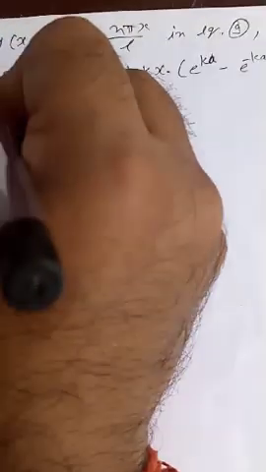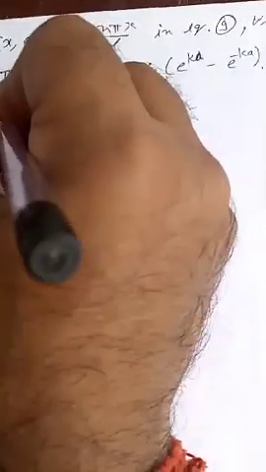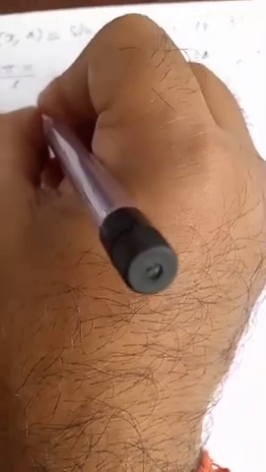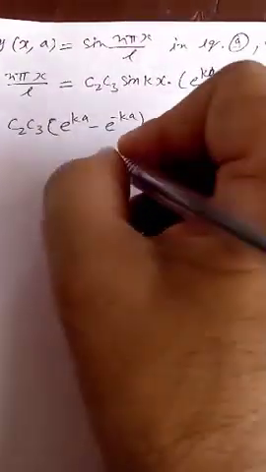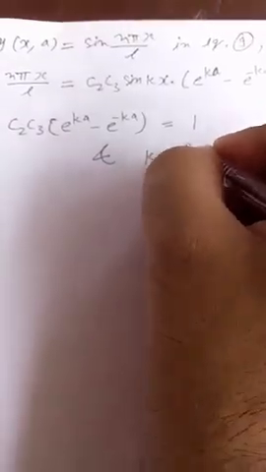So this implies that C2 C3 (e^(ka) − e^(−ka)) is equal to 1, and k is equal to nπ/L.